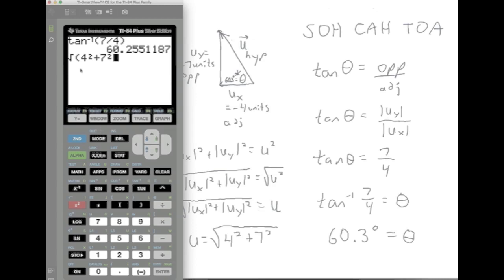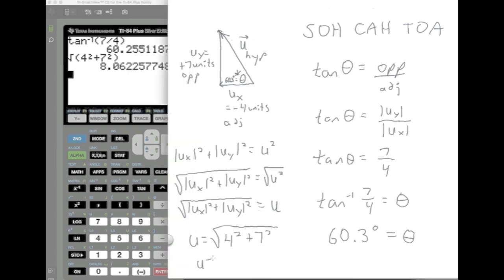My calculator happens to put the parenthesis in automatically. But you would have to put the parenthesis in yourself if your calculator doesn't, unless you have a square root template. All right, so that gives me this. So I can do this all in one step. And I get that u is 8.1 units.